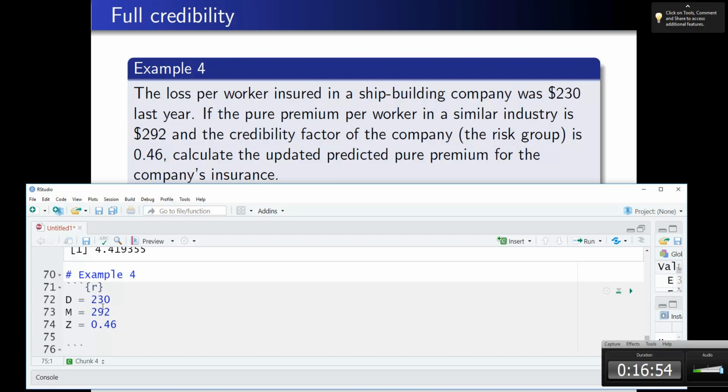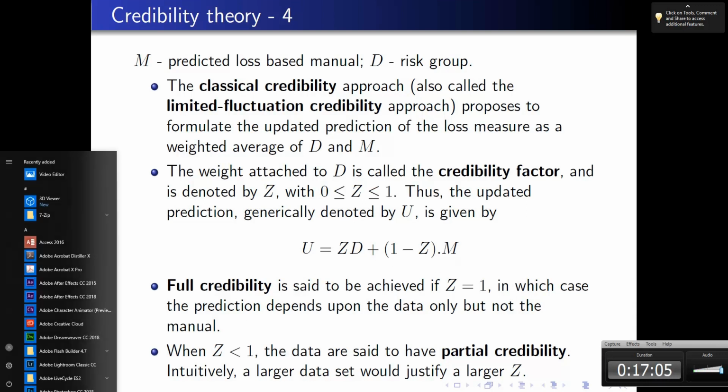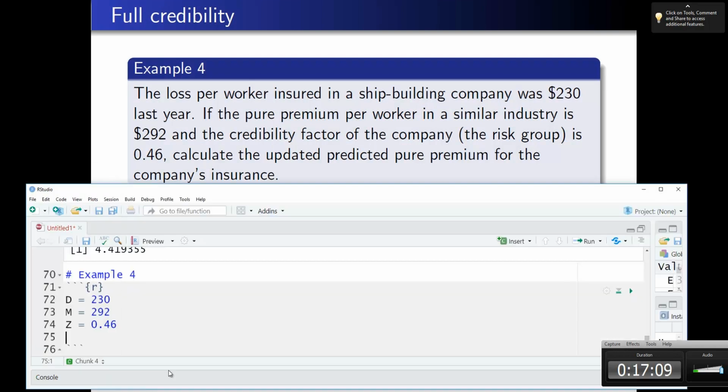So we are using this formula with the credibility factor, so ZD plus 1 minus ZM. Okay, ZD plus 1 minus ZM. So this Z D plus 1 minus Z times M.